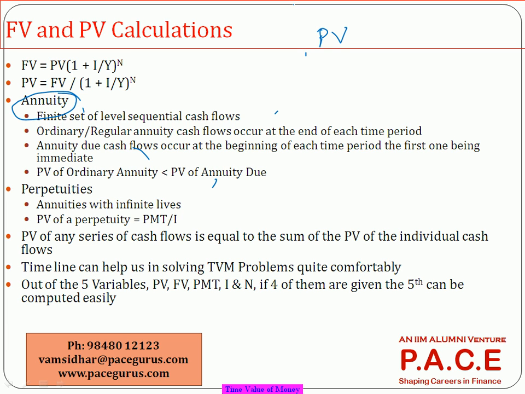And within annuities itself, we have the concept of ordinary or regular annuity versus annuity due. Regular annuity is nothing but a series of payments at the end of the period. Let's say the EMI I pay on my loan.